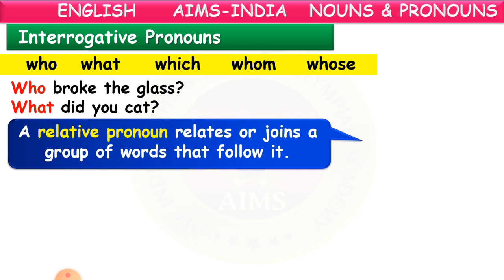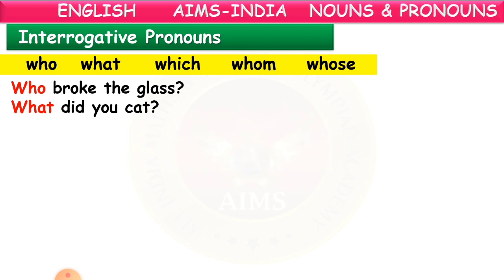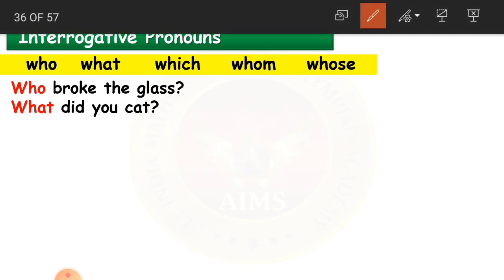And what are the interrogatives here, children? These are the five WH words: who, what, which, whom, whose. Who, whom and whose, normally we use these three pronouns to refer to persons.